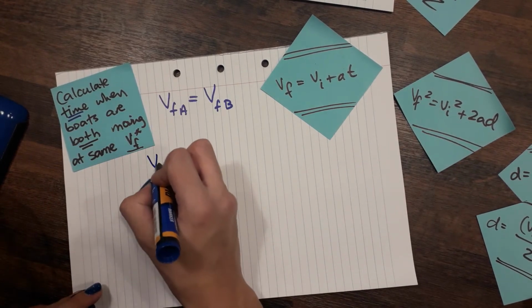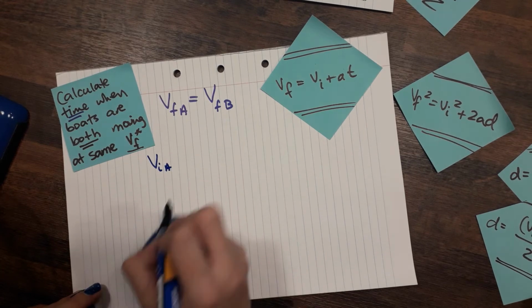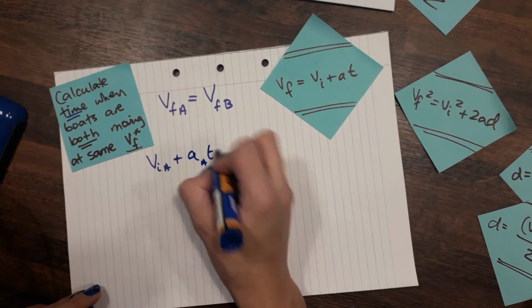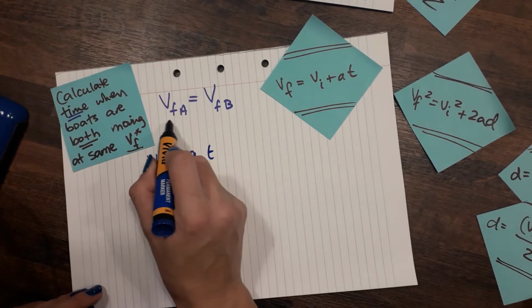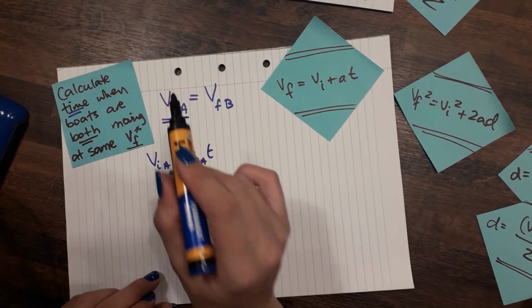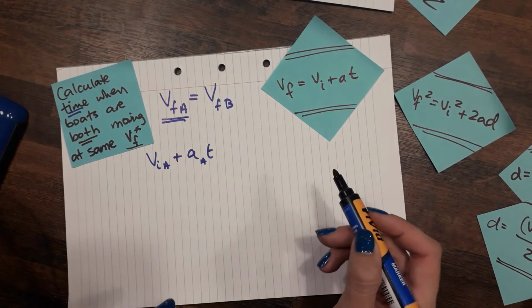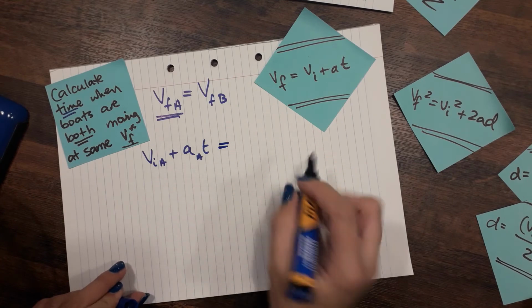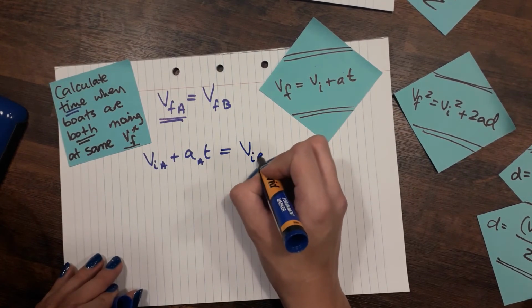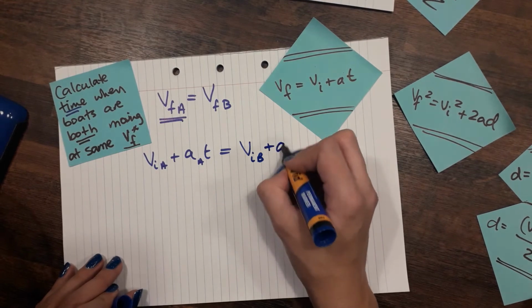So VI for boat A plus A of boat A times time is going to give us this. That would also be equal to doing all of this for boat B. So that's all going to be equal to doing that same equation, but for boat B's information.